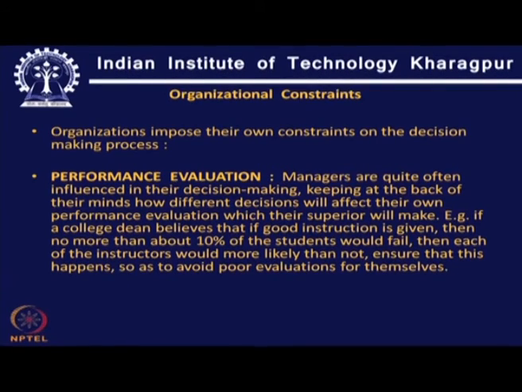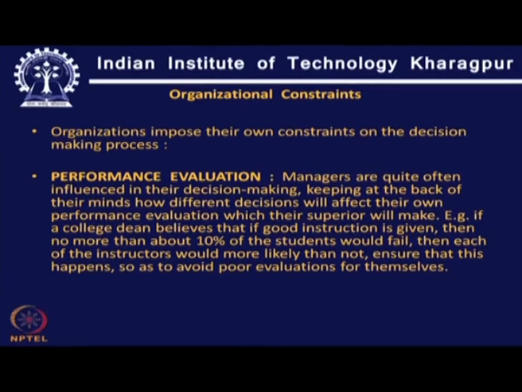When we are talking of constraints in decision making, these are the constraints which are imposed by the organizations in the decision making process. First is the performance evaluation. Managers are quite often influenced in decision making, they keep at the back of their mind how different decisions will affect their own performance evaluation which their superior will make.